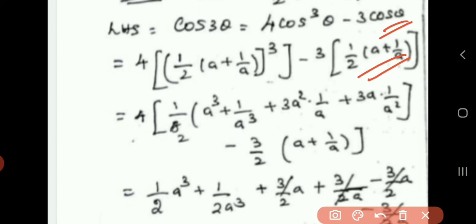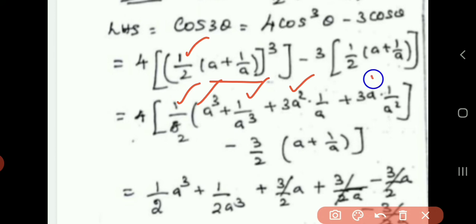And then here I have a plus b the whole cube. I want to expand this by the use of algebraic formula. So here cube is there, so we have to cube this 1 by 2. It becomes 1 by 8. So here a plus b the whole cube is there, so I have to cube this: a cube plus b cube plus 3a square b plus 3a b square.